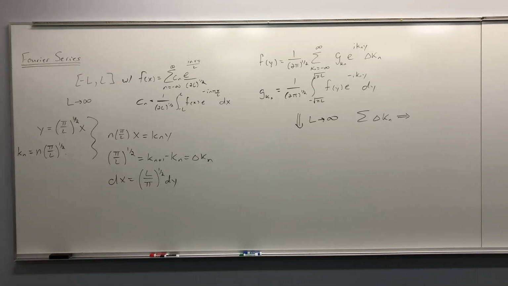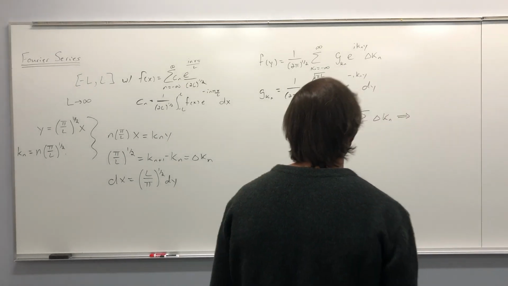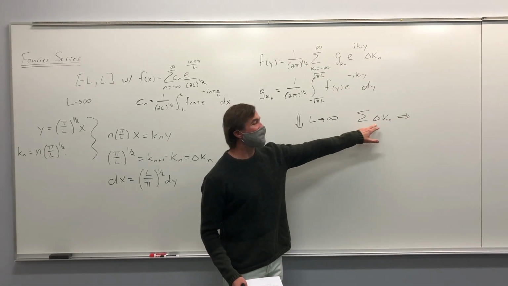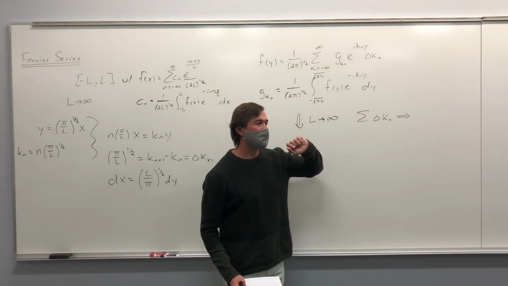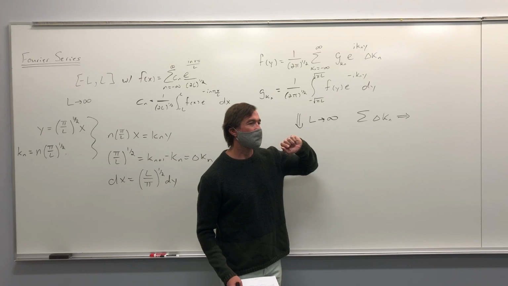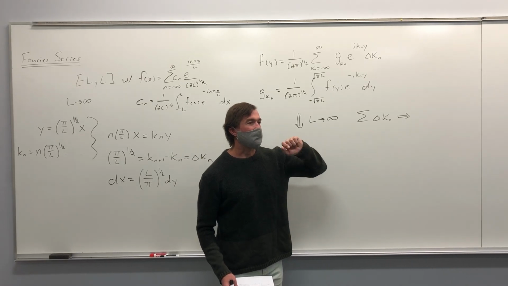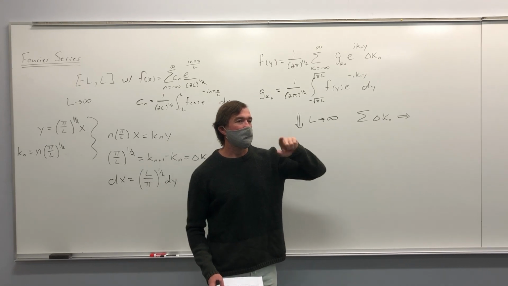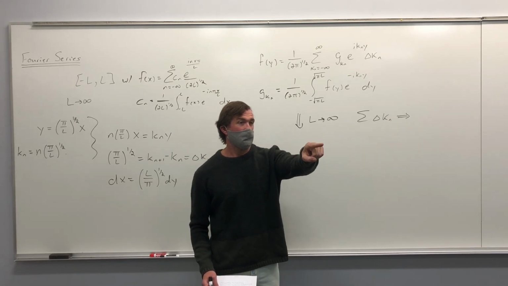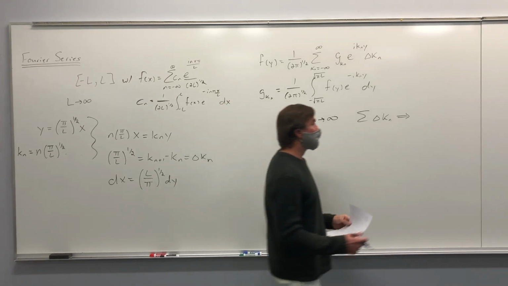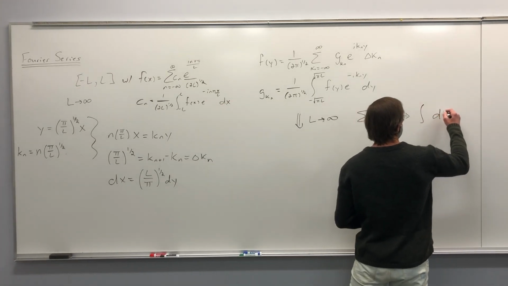Josh. Is it Kn? What does the sum over delta Kn transition into when the delta K's are becoming infinitesimally small? Sounds like an integral over Kn, dKn. It's an integral over dk.